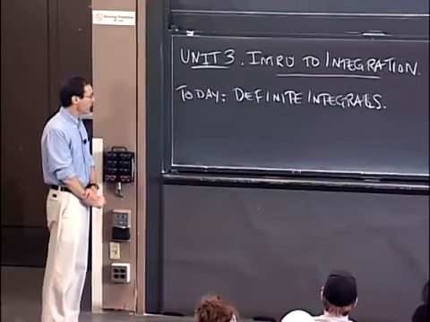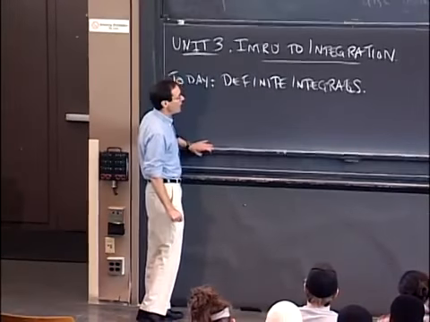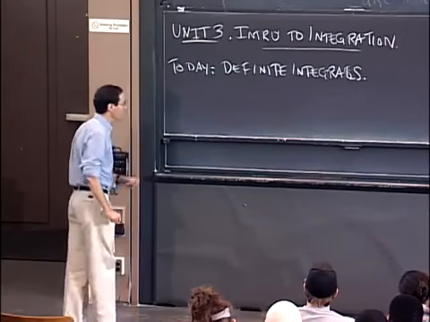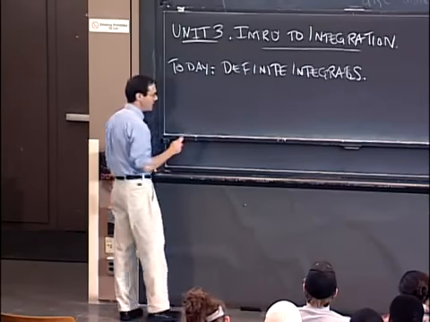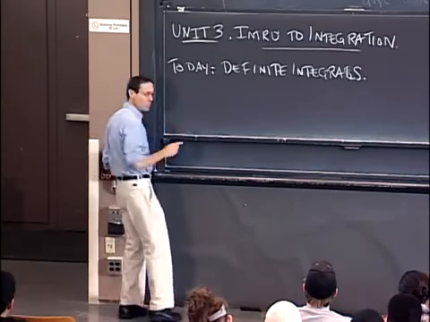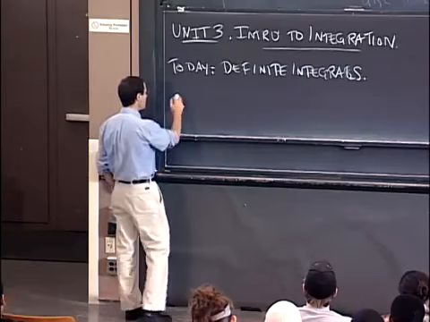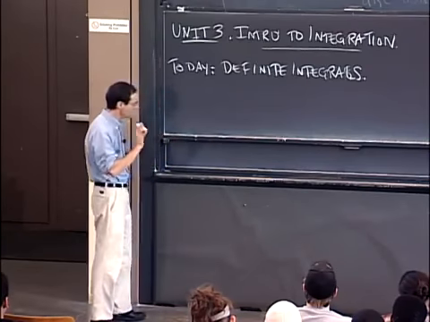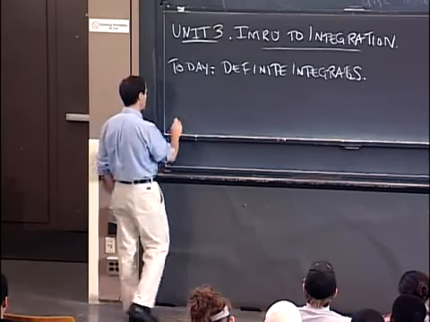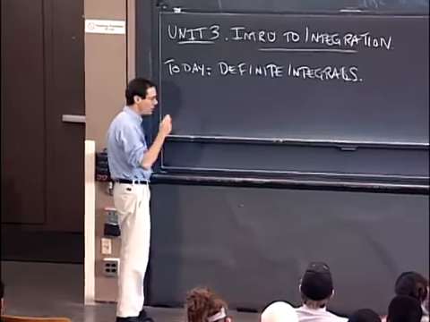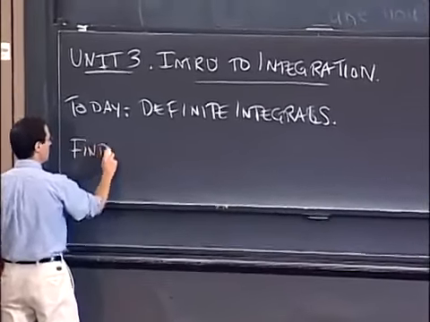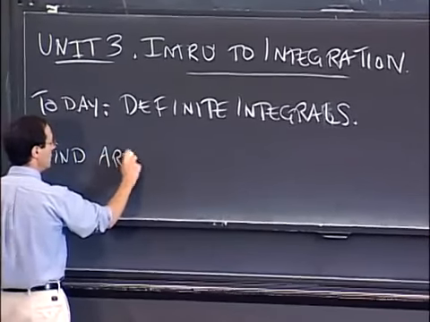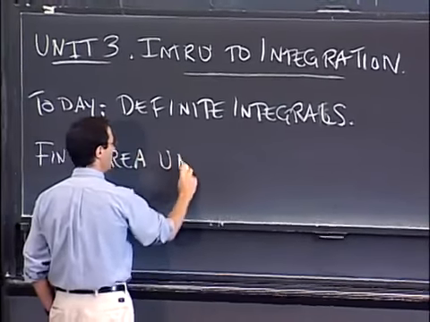All right, so the idea of definite integrals can be presented in a number of ways, but I will be consistent with the rest of the presentation in the course. We're going to start with the geometric point of view, and the problem we want to solve is to find the area under a curve.